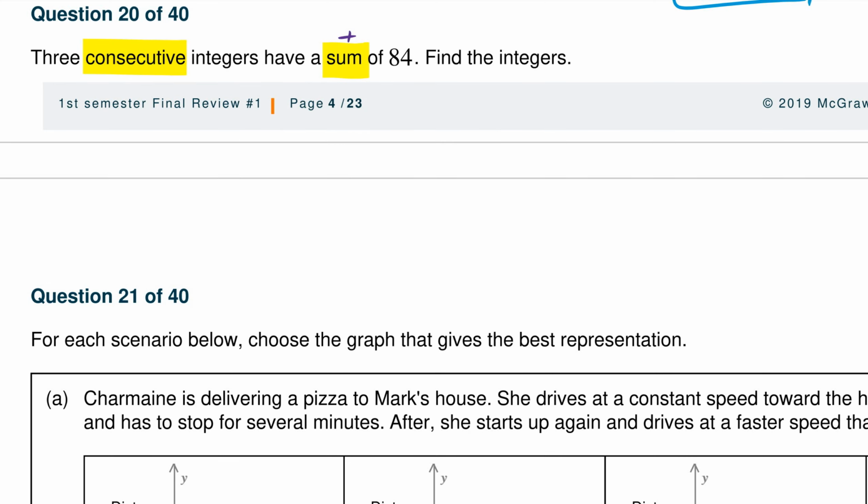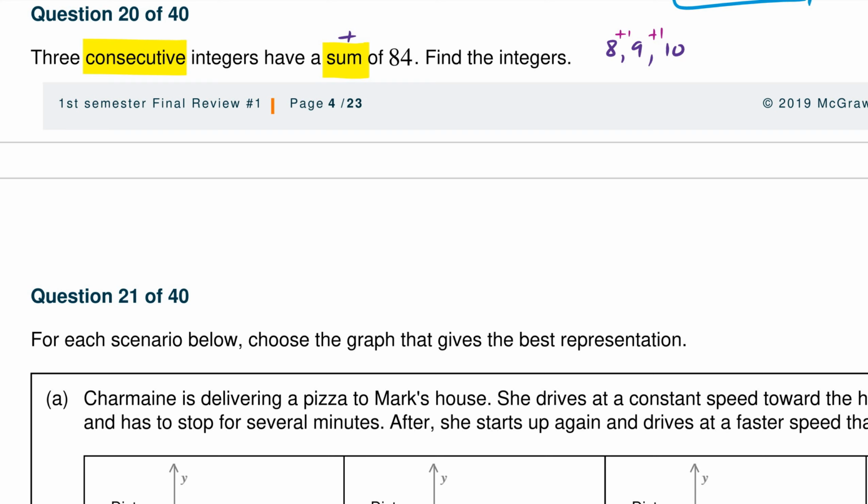Consecutive means next to each other, like 3 numbers right next to each other. For example, if I pick a random number, let's say 8, the next 2 consecutive numbers from 8 are going to be 9 and 10. 8 plus 1 gives you 9 and 9 plus 1 gives you 10.